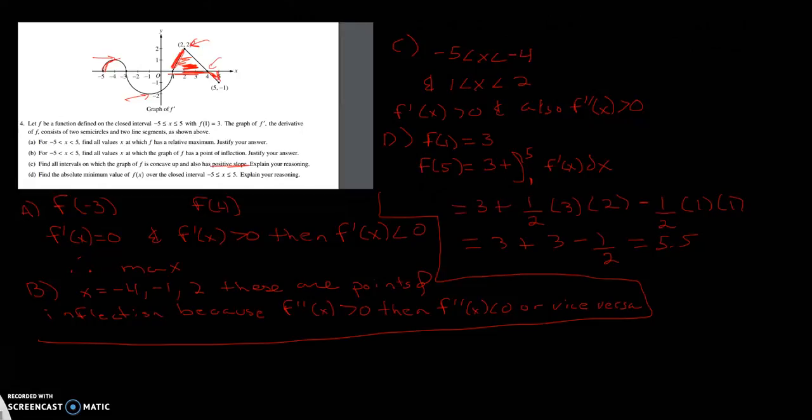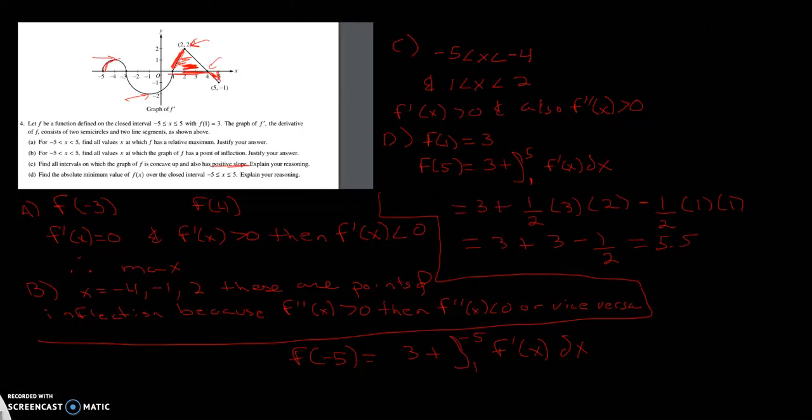Okay, the next part that I need to worry about is f of -3. No, not f of -3, f of -5. -3 would be a max. We already established that. So if I do f of -5, I'm sorry, it's all the way down here. That's going to equal 3 plus the integral from 1 to -5 of f prime of x dx.